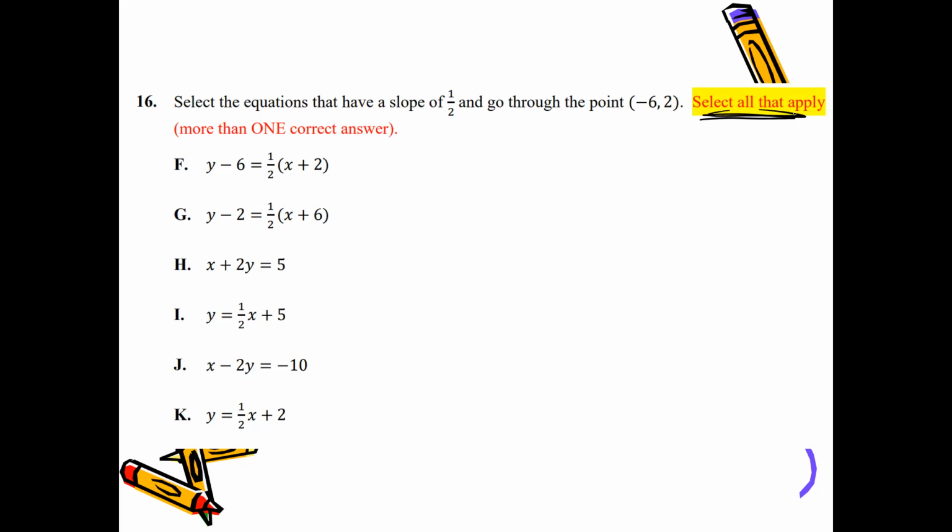So there's more than one correct answer, obviously. It says select the equation that has a slope of 1/2. So m equals 1/2. That's the first part. And it goes through point -6, 2.